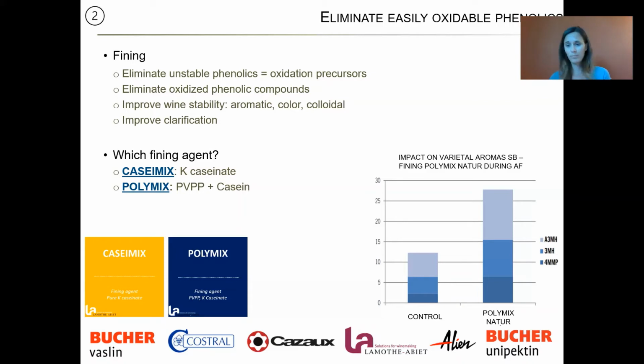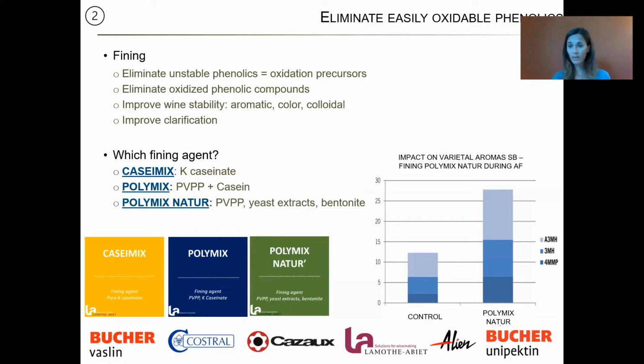That's a great fining agent to really remove phenolics and off-aromas at the same time. Then our most successful fining agent for this application is Polymix Nature, which is the vegan, allergen-free alternative to casein or PVPP casein. It is a PVPP, yeast extract, and bentonite. You can find information on these three fining agents on the website.